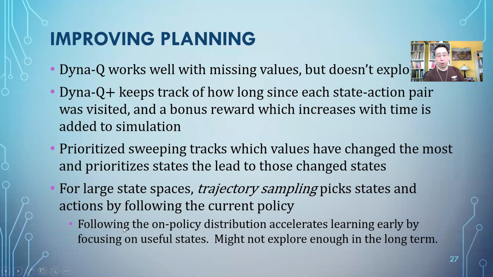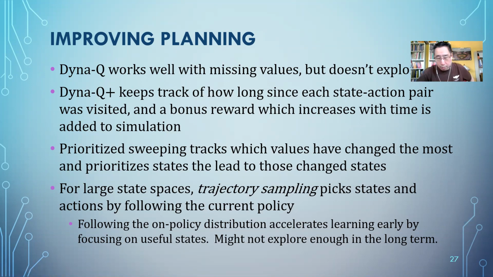There are some charts in the book that show that if you do trajectory sampling and follow the on-policy distribution, it accelerates learning early by a lot. It really keeps updates on the states that are promising, the ones that have better value estimates. The curves also show that in the long run, trajectory sampling falls behind. It might focus too much on just the policy that you're following. So longer term, you may not want to exclusively use trajectory sampling.